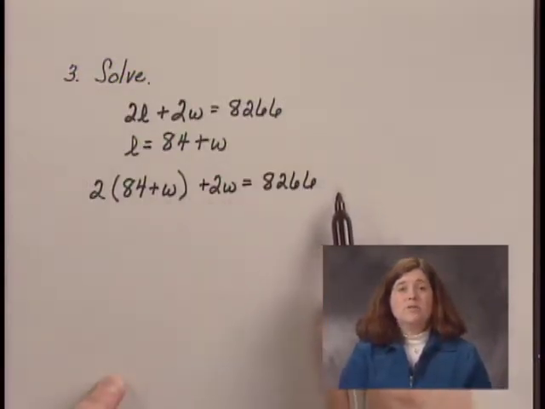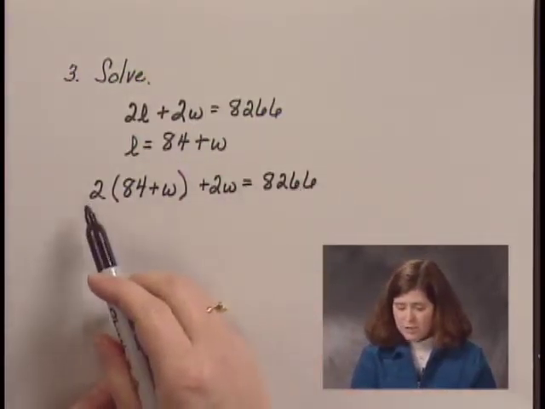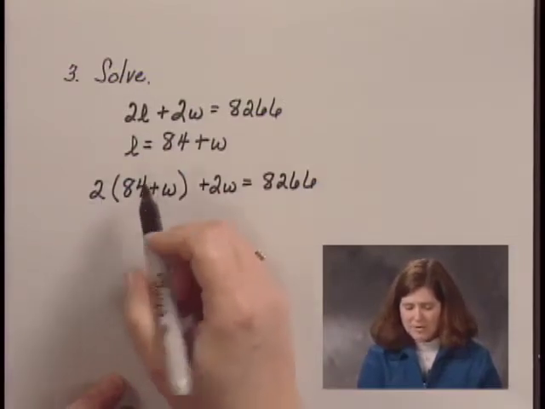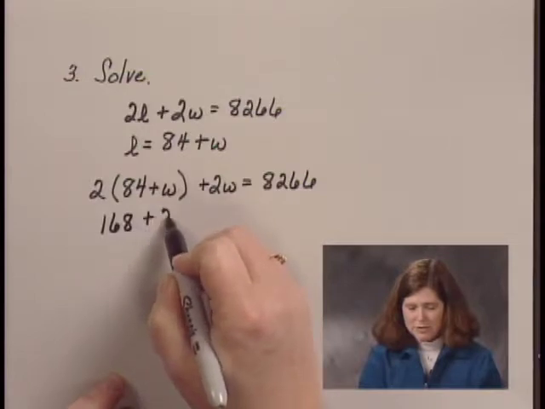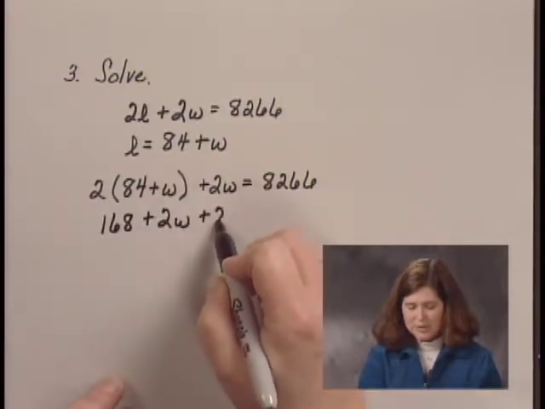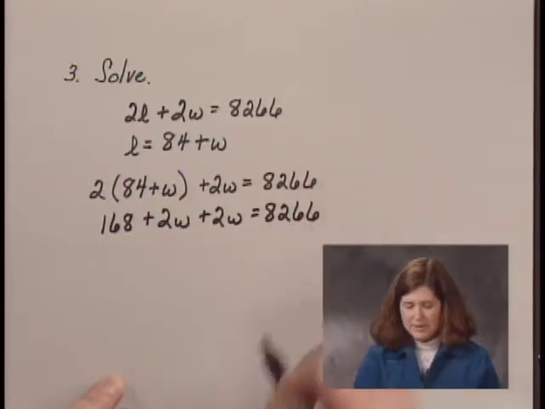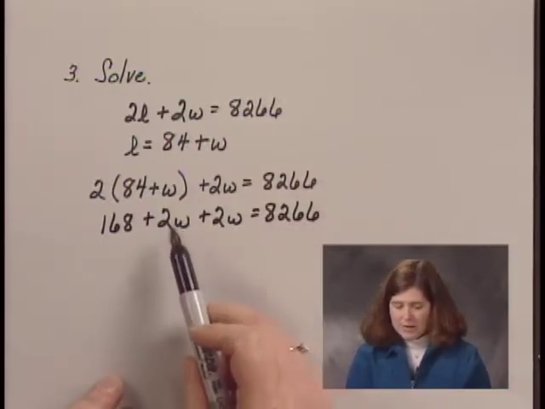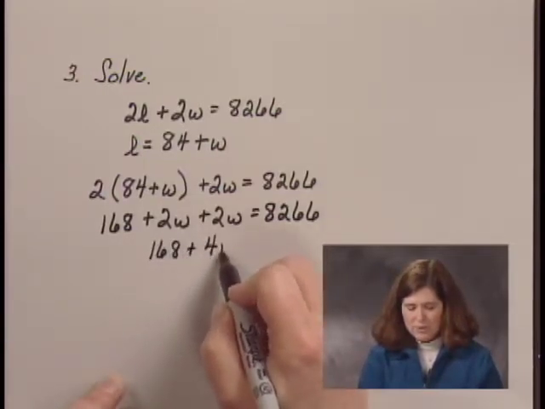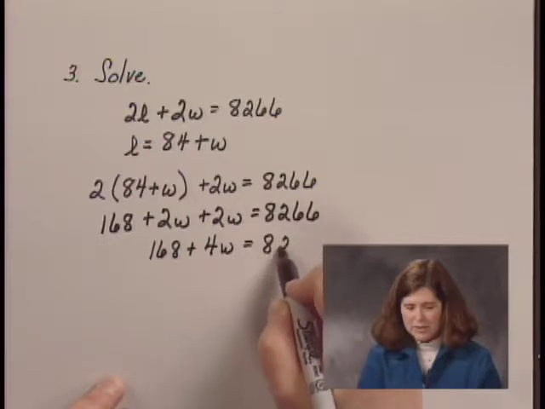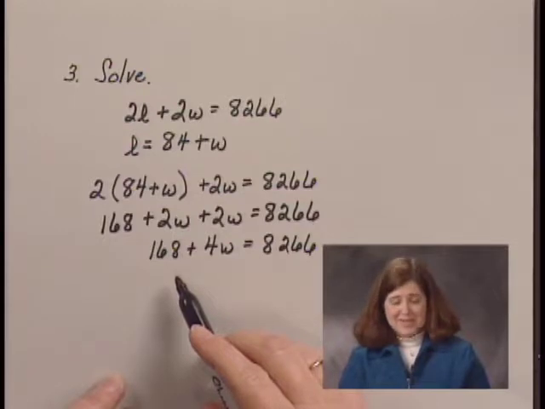Now I have an equation in which I have only one variable, W. I multiply across. 2 times 84 is 168, plus 2W equals 8,266. And I can combine like terms and write this as 168 plus 4W equals 8,266. And then I need to subtract 168 from both sides.